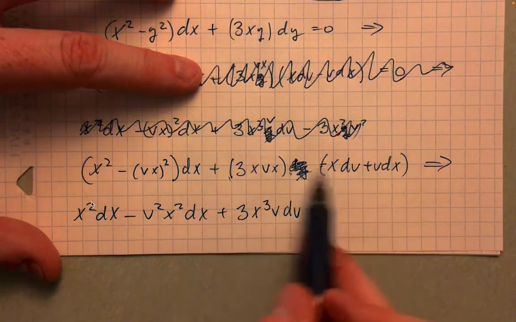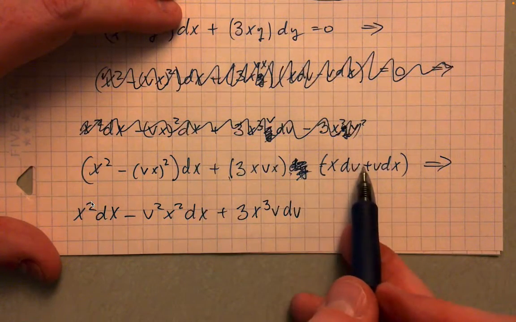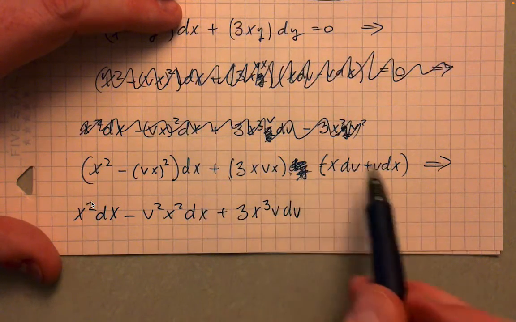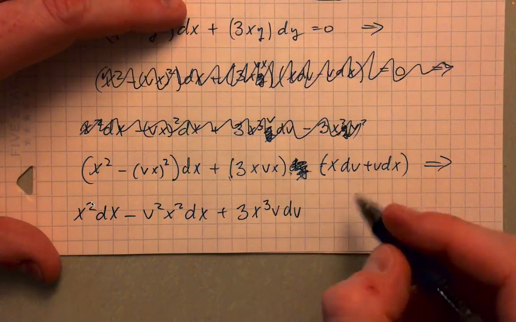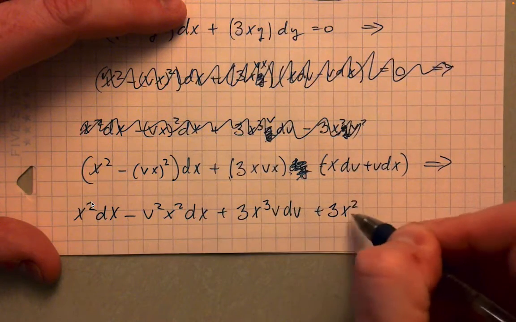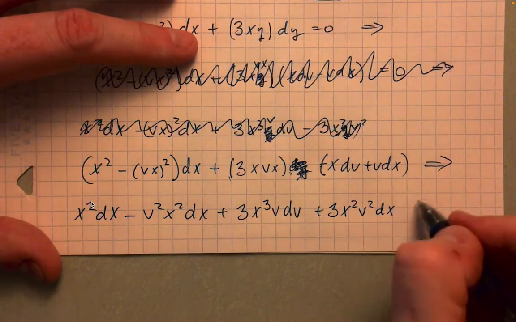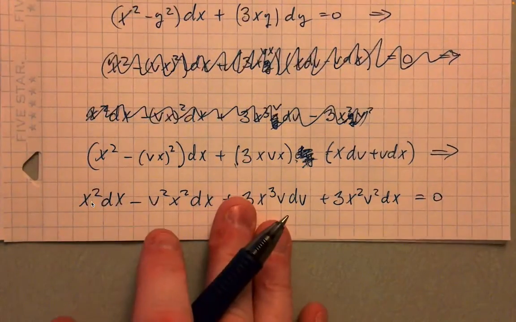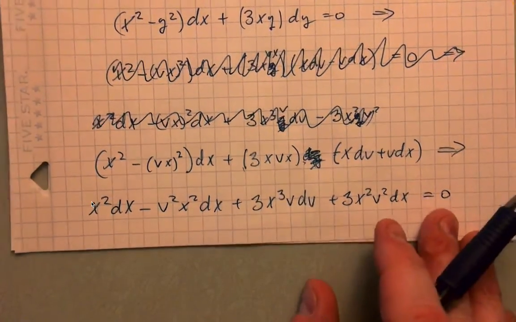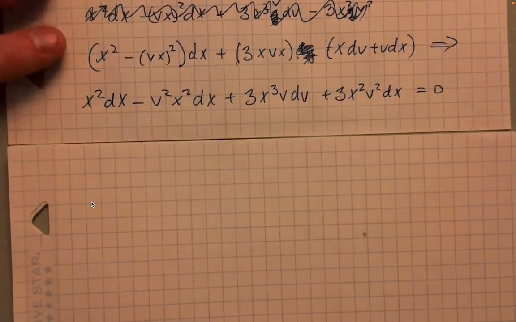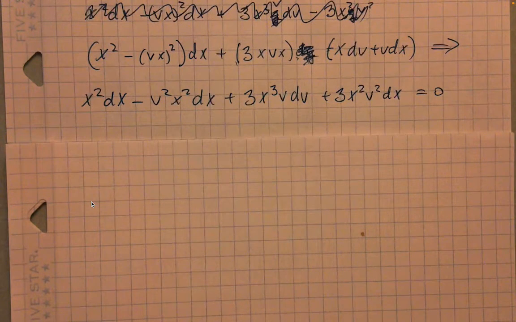Right, so that's these two. And then the last one is going to be 3x squared v squared dx. Okay? And that's equal to 0. Okay, sorry about that. It was probably just easier to start over with that one. All right, not a problem though. We're still doing fine. All we're doing is distributing and expanding things. There's nothing tricky yet.